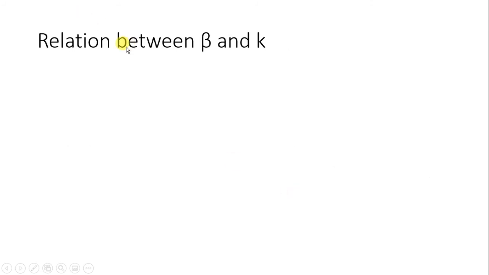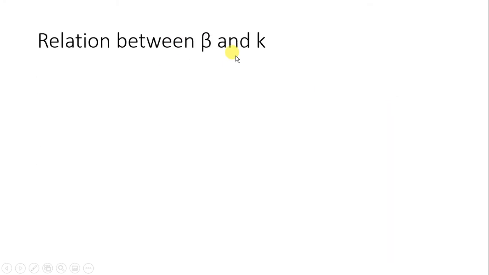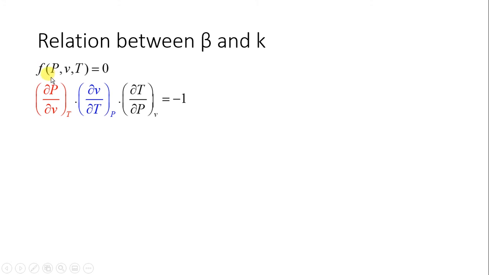Now we will see the relation between beta and K. What is beta? Volume expansivity, we have seen over here. And what is K? Isothermal compressibility. We will see the relation between these two. So we can write this equation. Now this has been shown in detail in the PDF file provided to you. This is known as the cyclic relation.